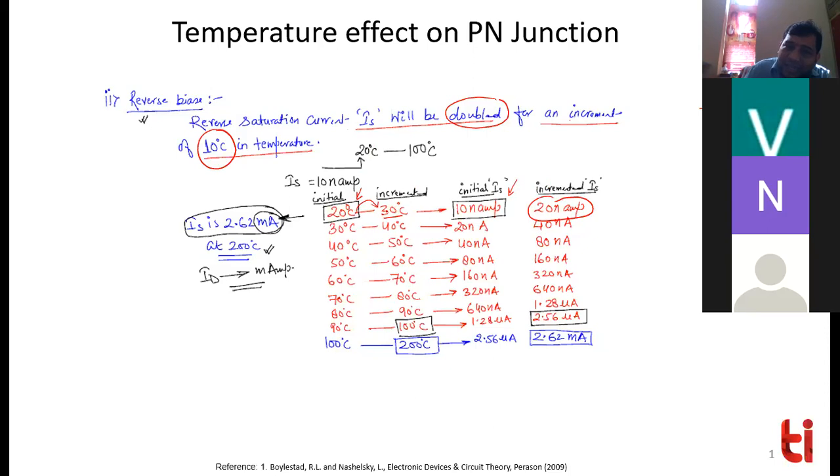Again, from 30 to 40 you will get 40 nanoampere. Again, increase by 10 degrees Celsius and you get 80 nanoampere, and so on. Like this, you get 160, 320, 640, 1.28, 2.56 milliampere, like this.